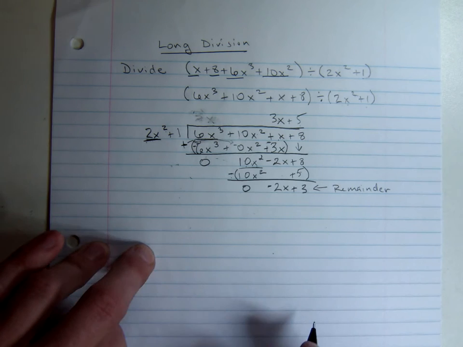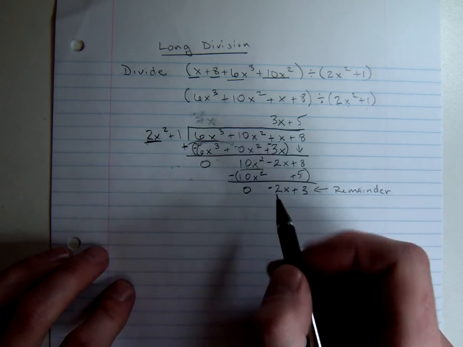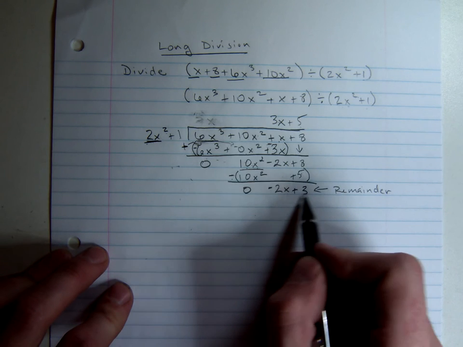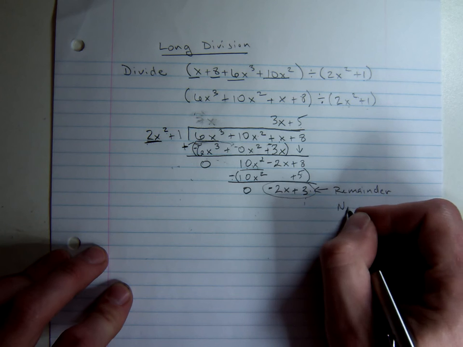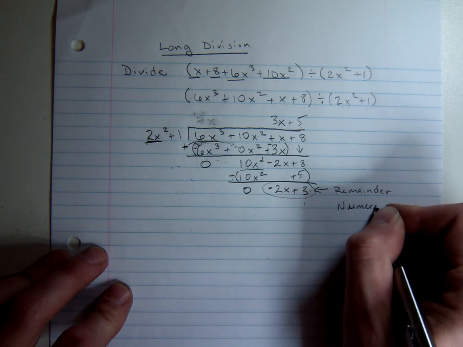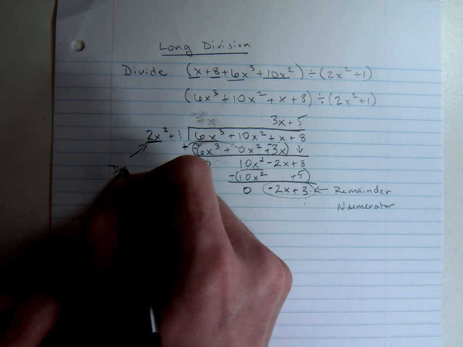Now, one of the things that you should have learned back when you were doing long division with just regular numbers is that you can take that remainder and it can actually become your numerator. And your divisor becomes your denominator.